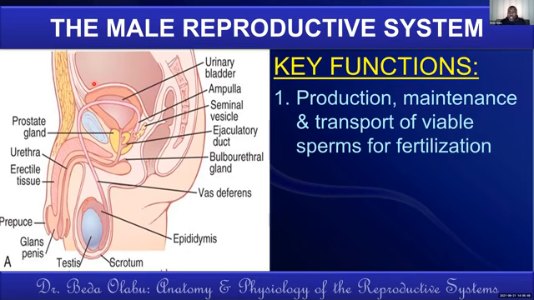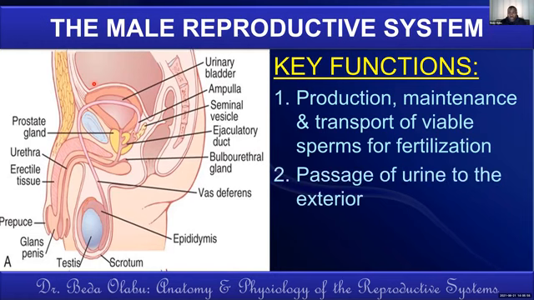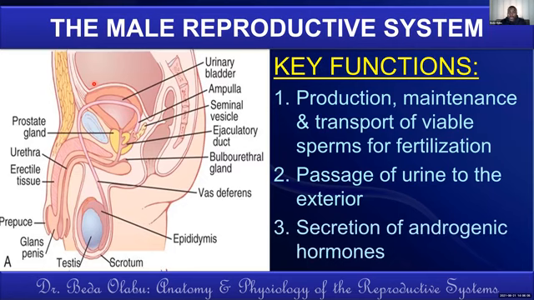And that's basically the reproductive function of the male reproductive system. We also talk about passage of urine, and that's largely because the urethra passes through the penis. And we talk of production of male sex hormones, which we call androgens. These are the key functions of the male reproductive system.